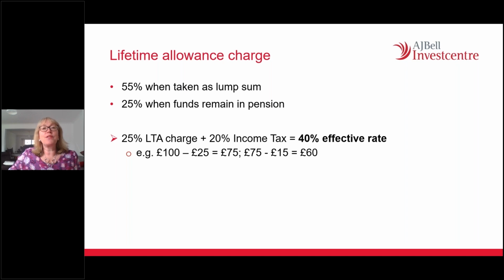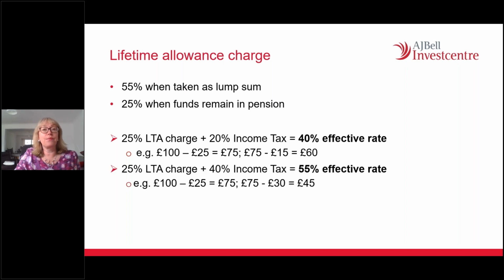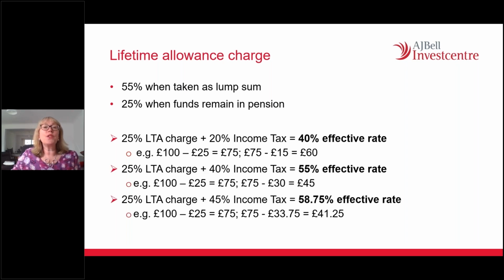The reason for the 2 different charges is because when you take the money out of the pension, the government is assuming that you're going to pay tax on it. And it is assuming that you're going to be paying tax at a rate of 40%. So if you look at these 3 rates, if you're looking at a 25% lifetime allowance charge plus 20% income tax, that's a 40% effective rate.